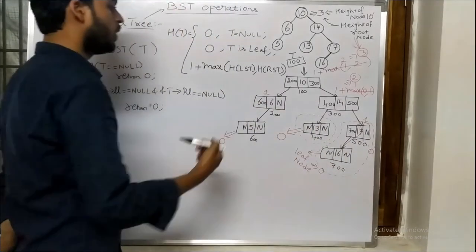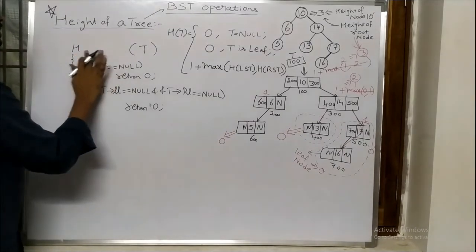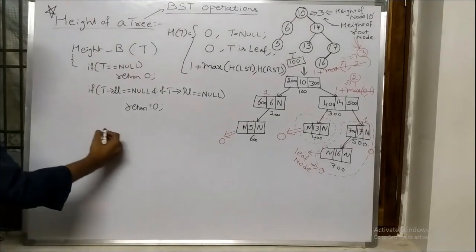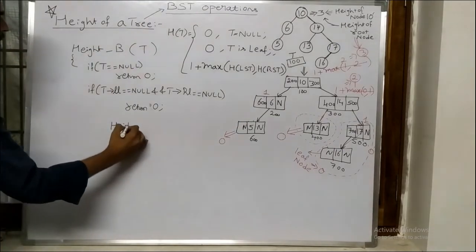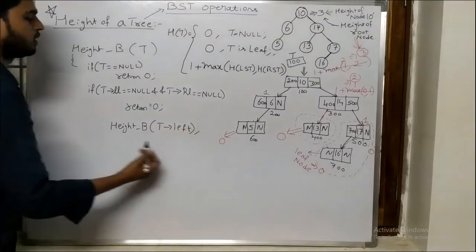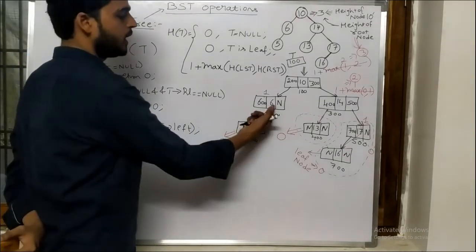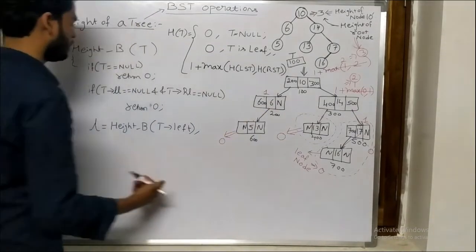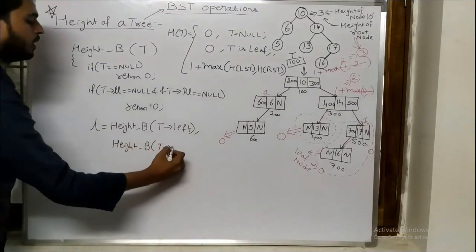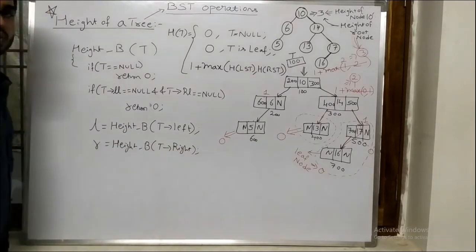So I am going to call recursively. For simplicity, I am taking height underscore b. First I call height underscore b of T arrow left, and store the height of the left subtree in L, and then I take the height of the right subtree and store it in R.